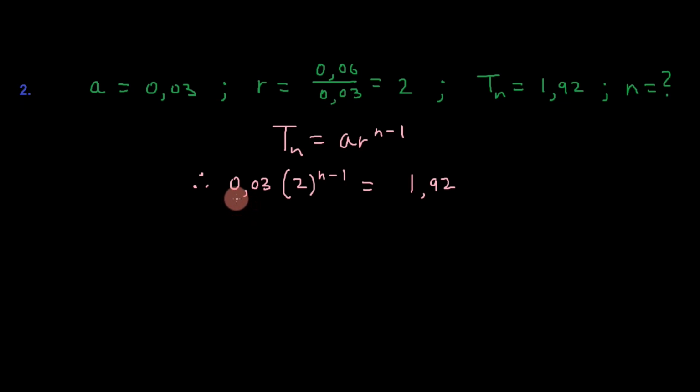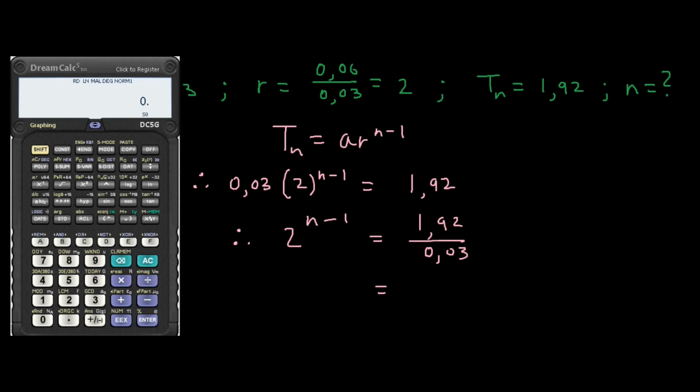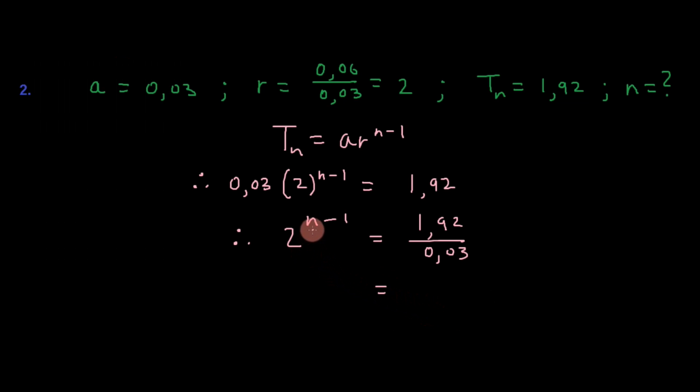So we can get rid of the 0,03 by dividing it into the right-hand side. Let's see what that comes to. And it comes to 64. So 2 to the n minus 1 is 64.